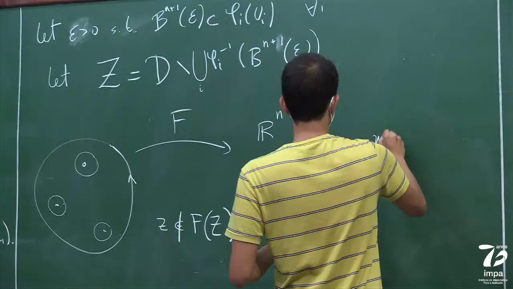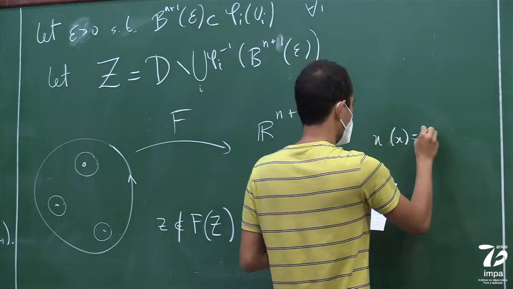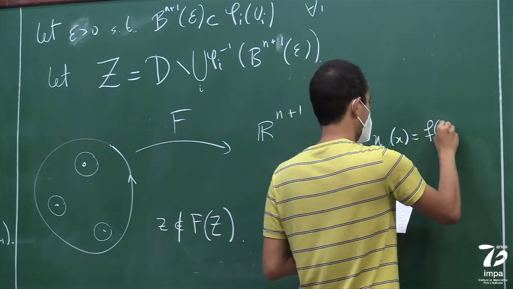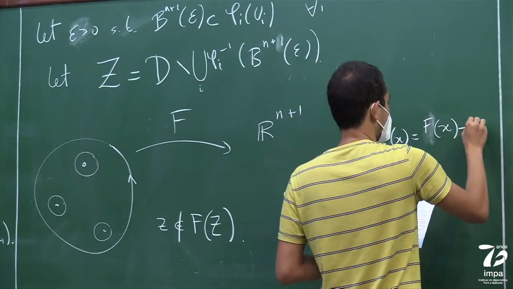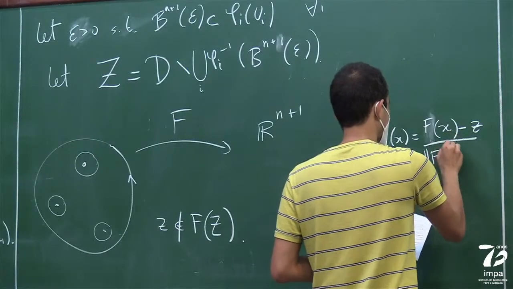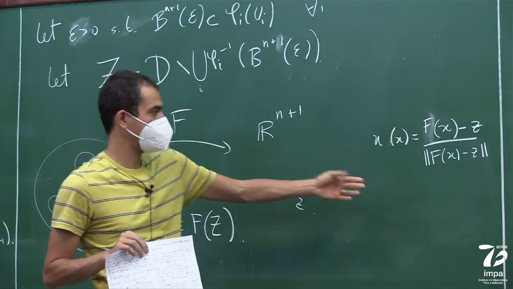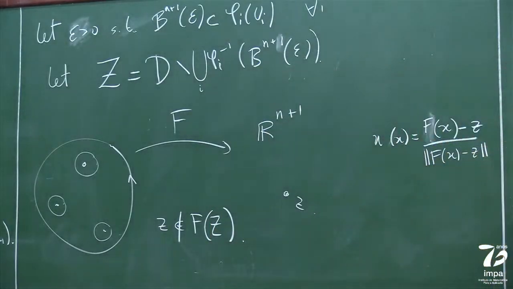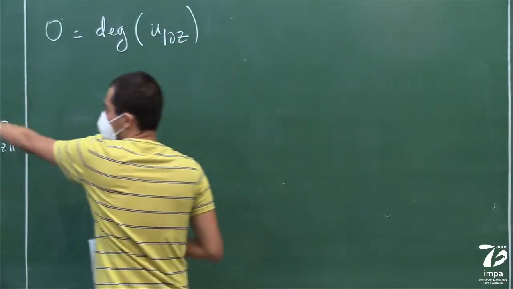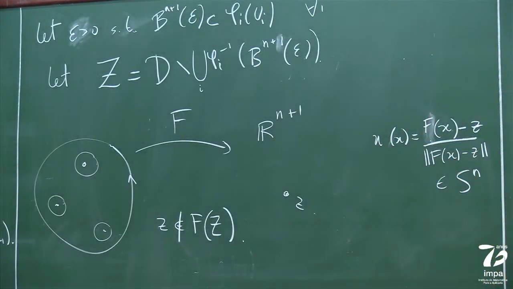The map U was simply, U of x was F of x minus z divided by the norm of F of x minus z. And it really, of course, is only defined when F of x is not z. Okay? But anyway, I still have something of dimension n, and when defined, this takes values in S^n. Okay? So this thing makes sense.